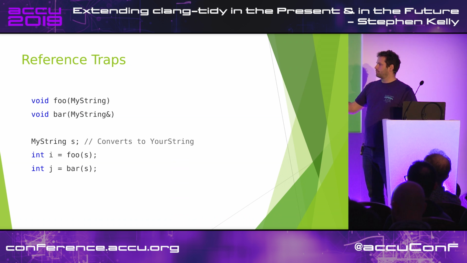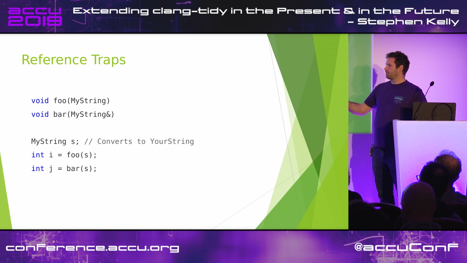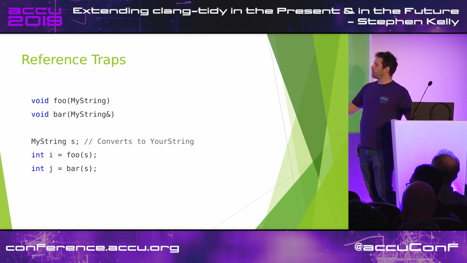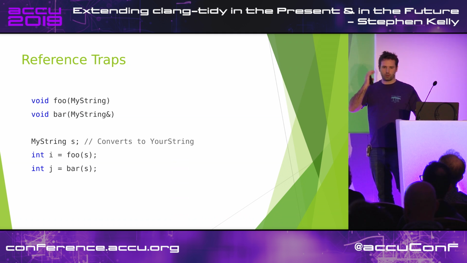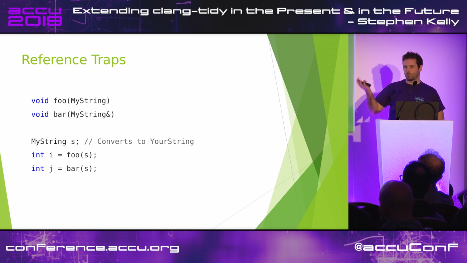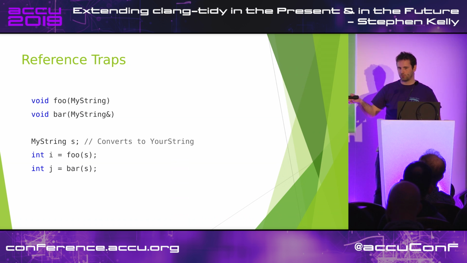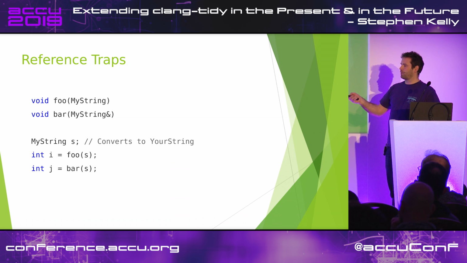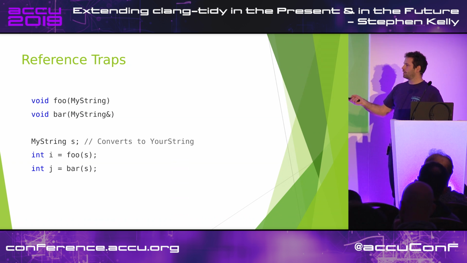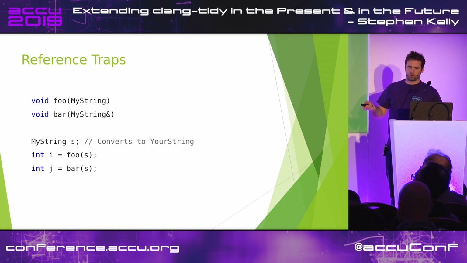So I might implement my rewriter to rewrite this line as YourString s. And for the call to foo, that's fine because my string converts to your string. So I control my string, and I just add an implicit conversion to make the source code work. But because bar takes my string by reference, this would not compile anymore.